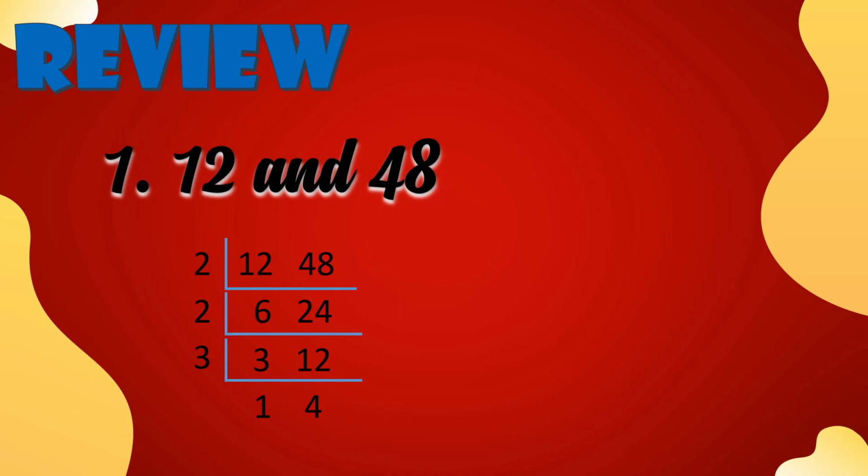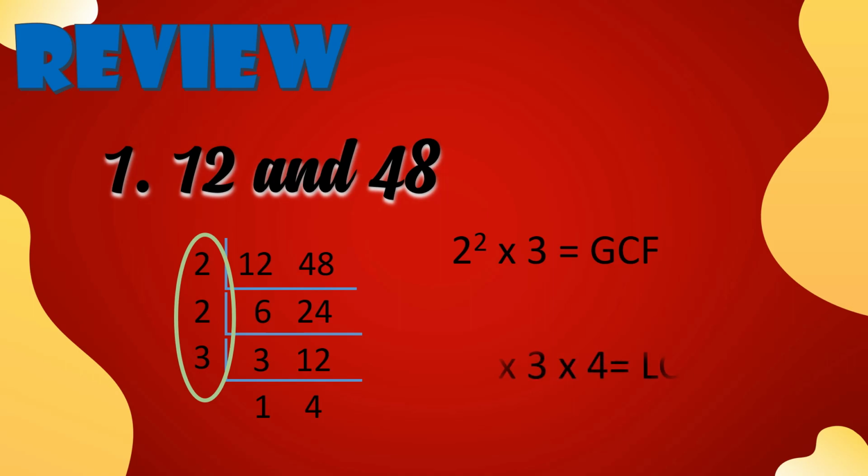We stop here, we no longer divide. We get the factors that we used to divide 12 and 48, which is the GCF. That is what we use for the GCF. While for the LCM, we include our last quotient, the so-called relatively prime. So, 2 squared times 3.